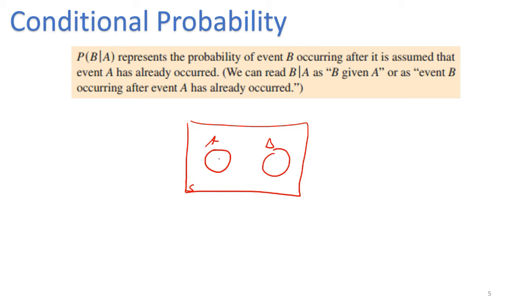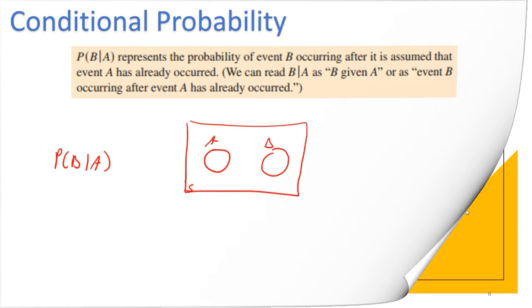All right, so when we talk about the probability of B given that A occurs, it's the probability of this event occurring given that this one has occurred. And so this is what conditional probability is all about. So as it says here, the probability of B occurring given that A has occurred represents the probability of event B occurring after it is assumed that event A has already occurred.